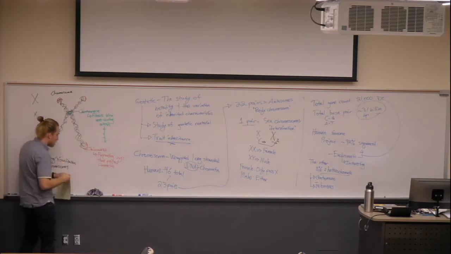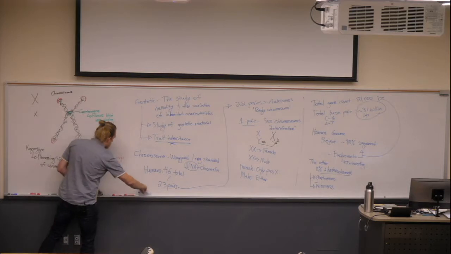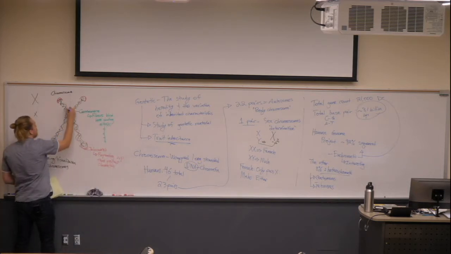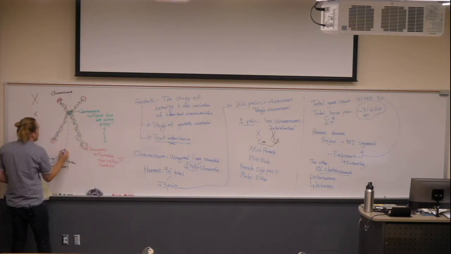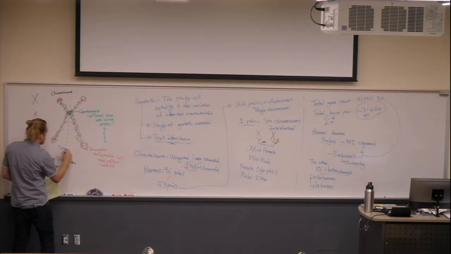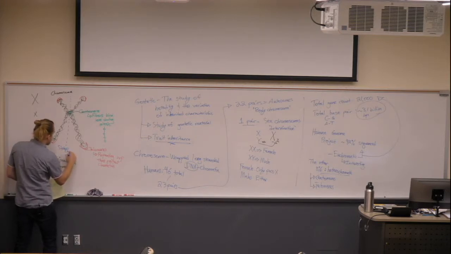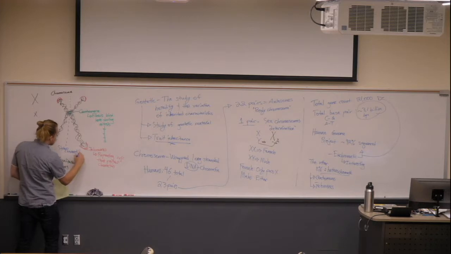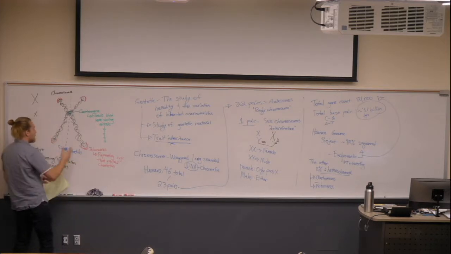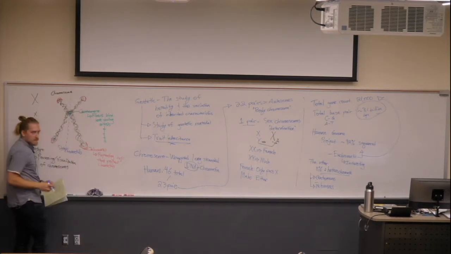So if I were to divide this down the middle, these both would be two chromatids, or sister chromatids. A chromatid is just one side of the X.